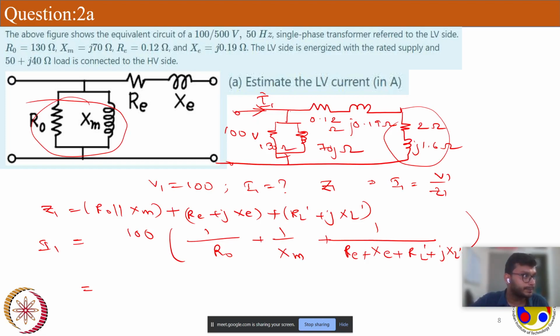Any more answers? Minus imaginary component, can you check again once? Yeah, let me also do it.